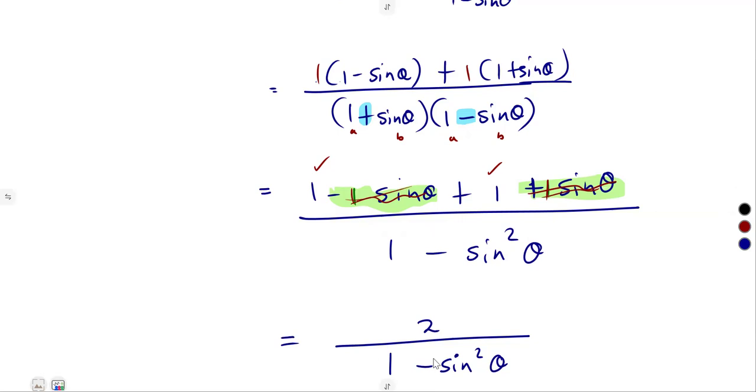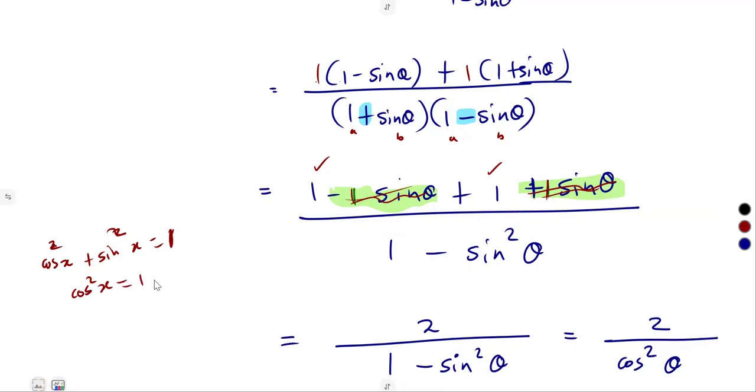Remember that 1 minus sine squared of theta, from our Pythagorean identity, is the same as cos squared of theta. So as you're working with your Pythagorean identities, I think it's better for you to write them aside: cos squared x plus sine squared x is equal to 1. You write them aside before you attempt your questions. Then you also write cos squared of x is 1 minus sine squared of x, and sine squared of x is 1 minus cos squared of x, just like that.